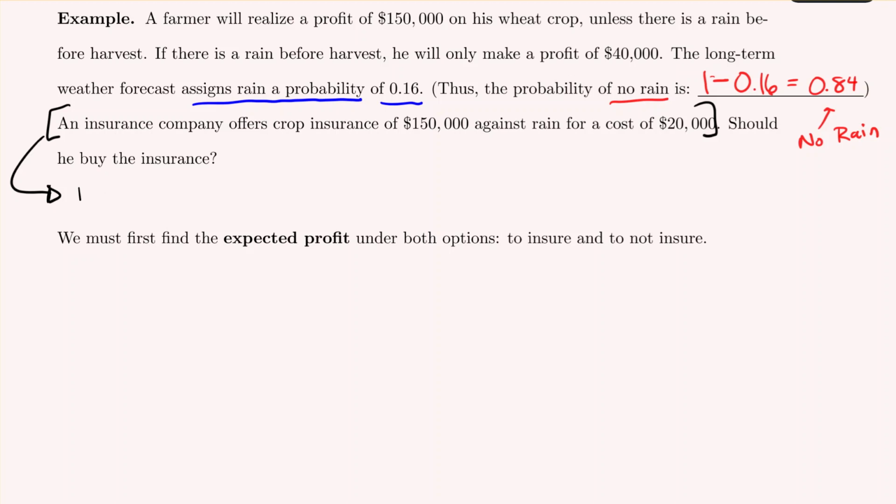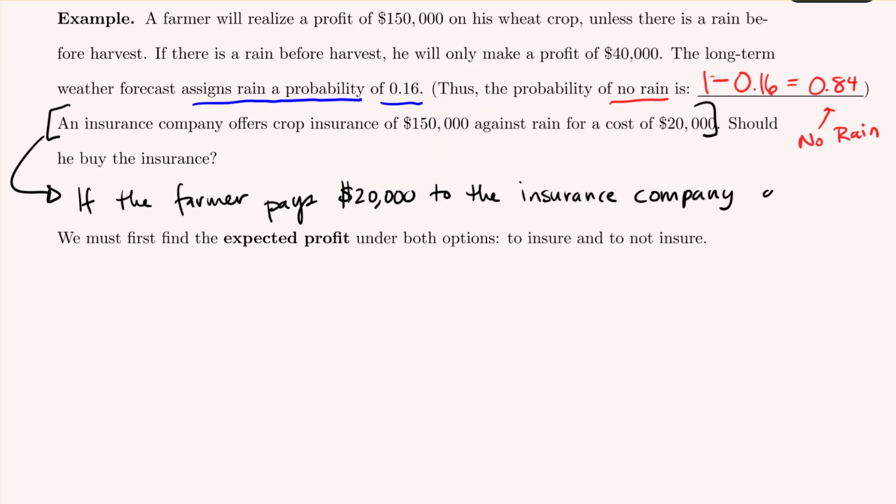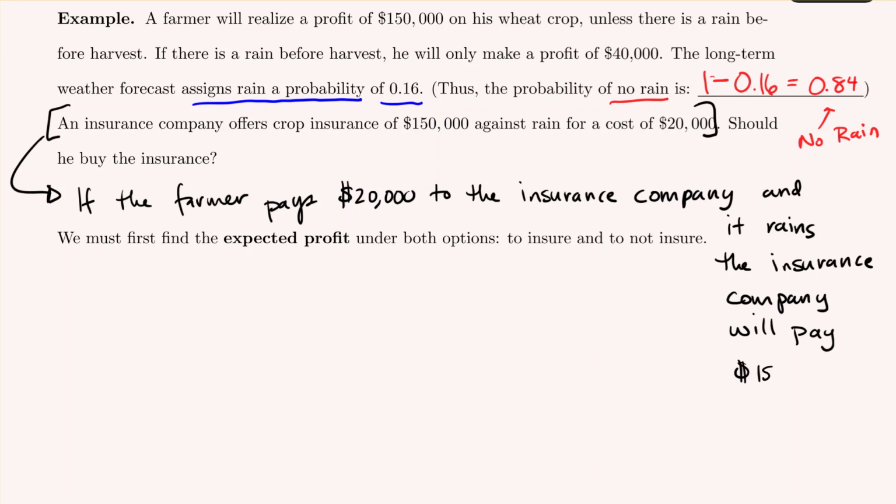This means that if the farmer pays $20,000 to the insurance company, and it rains, the insurance company will pay $150,000.